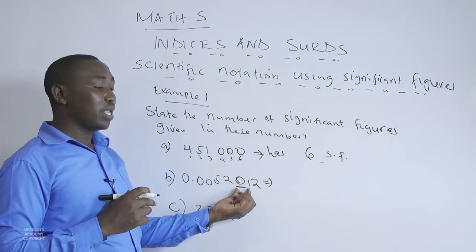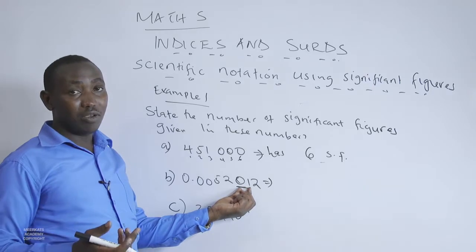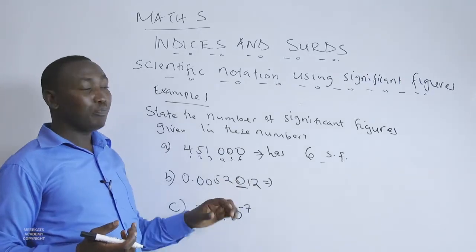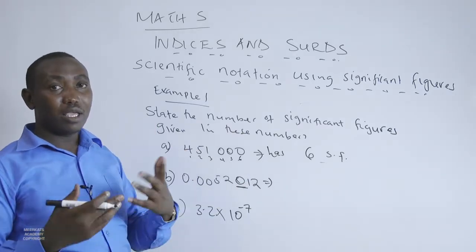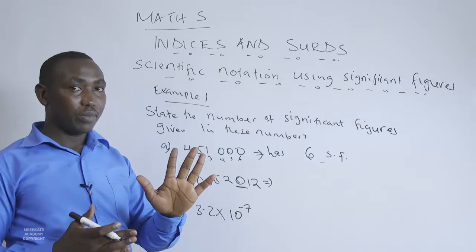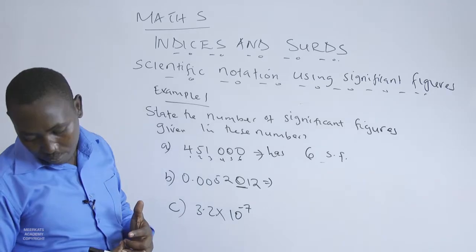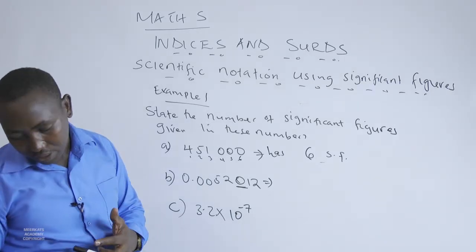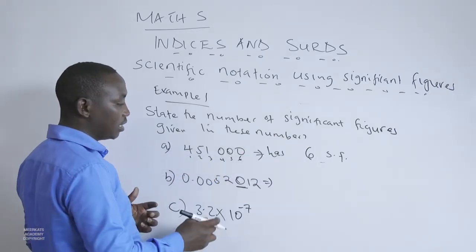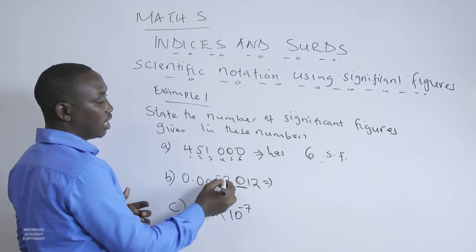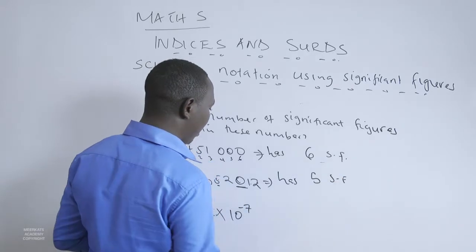Where it has been placed qualifies it to be a significant figure, and therefore when we count, the 0 should be taken as a significant figure. The other case is when before it there is no 0, or after it there is no 0. So this one has 1, 2, 3, 4, 5 significant figures.